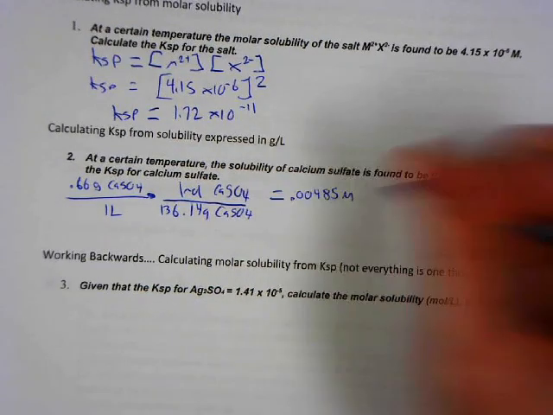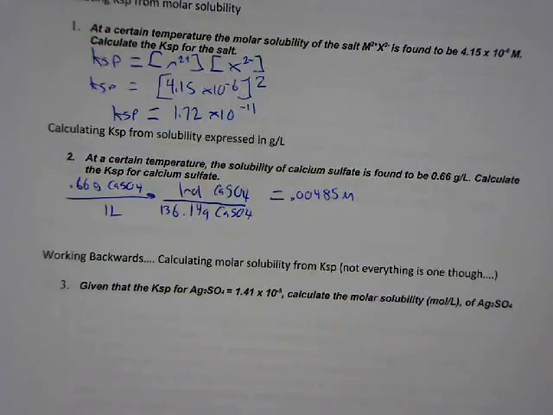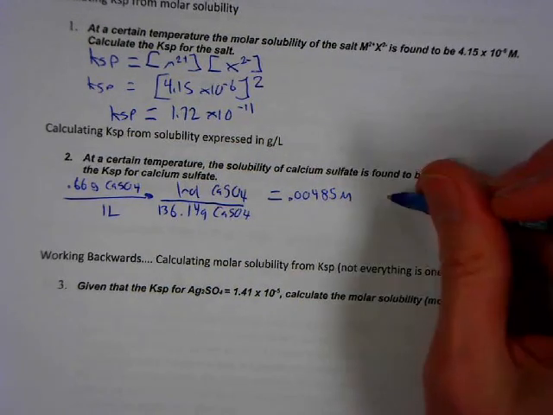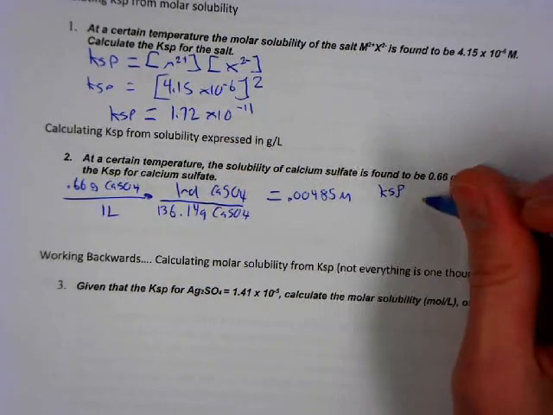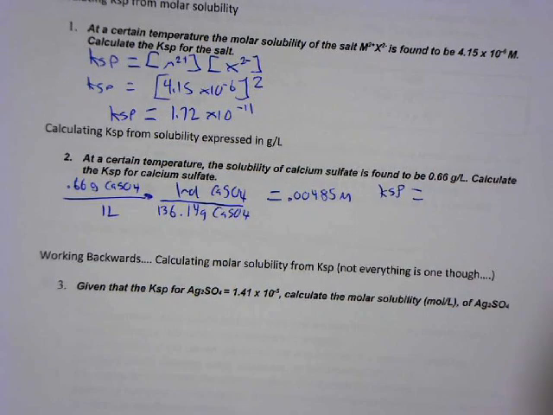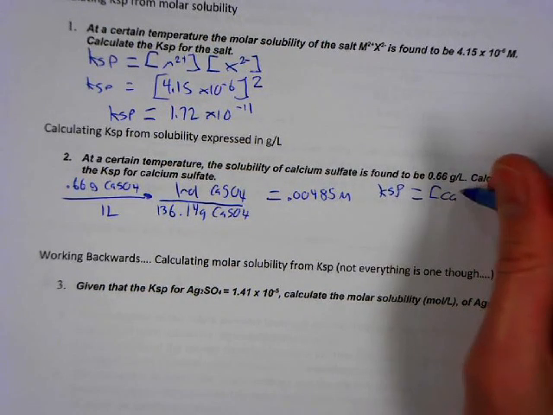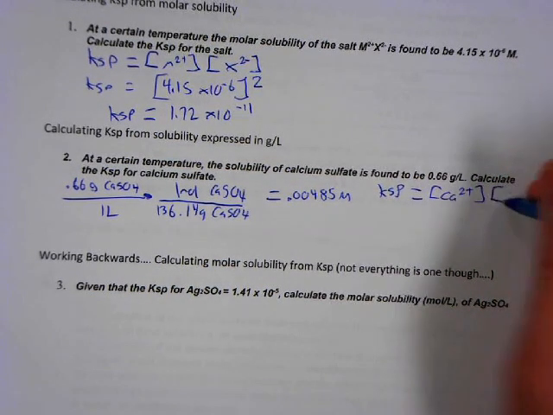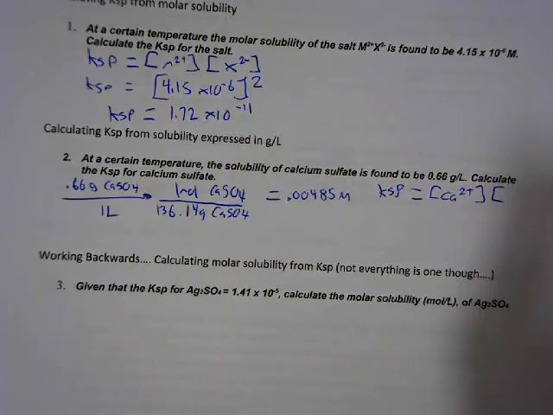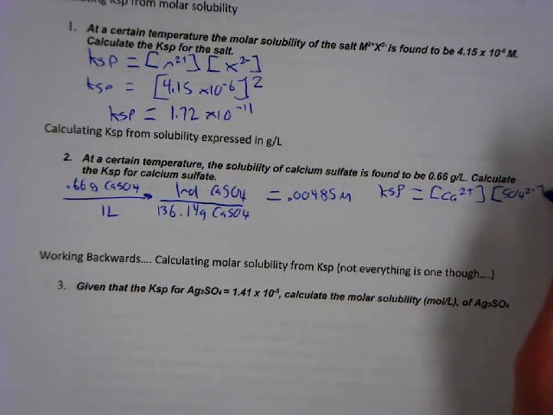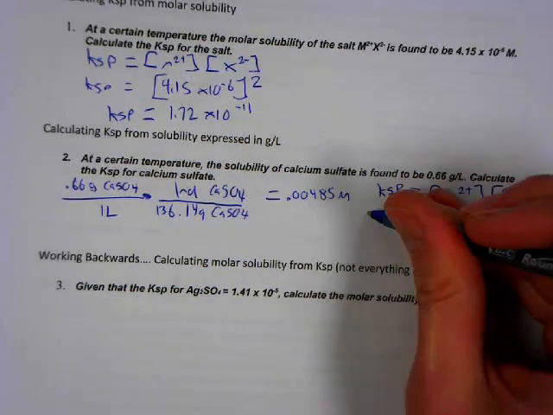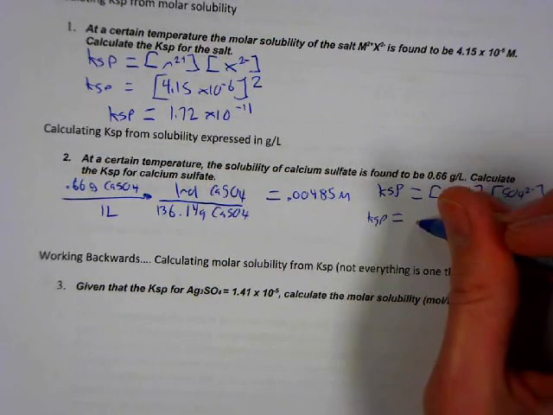What'd you guys get? 0.00485 molar? Yes? Or 4.85 times 10 to the negative third? Okay. And now, solve for KSP. So KSP is going to equal the concentration of Ca2+ times the concentration of SO4 2-.